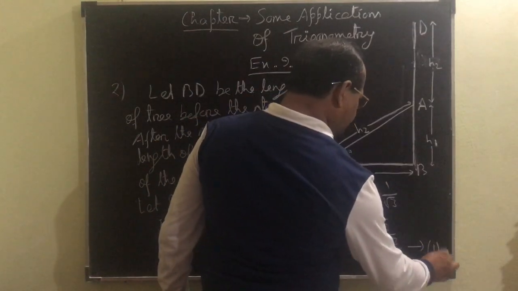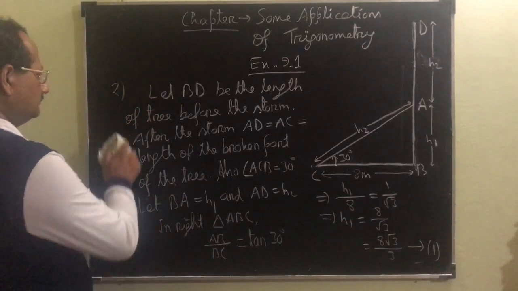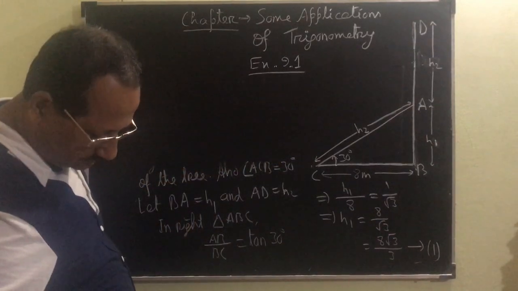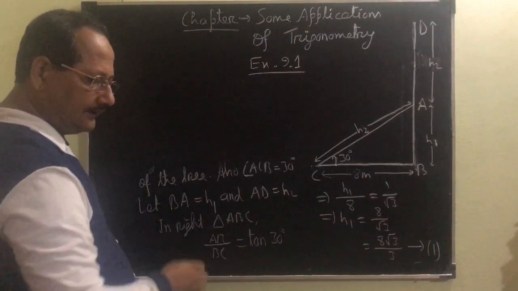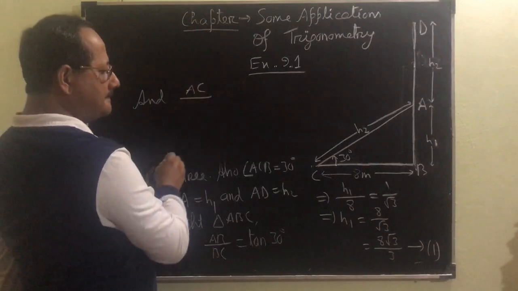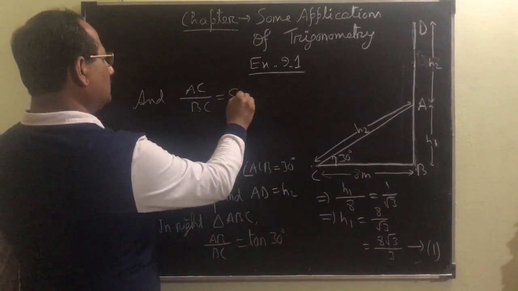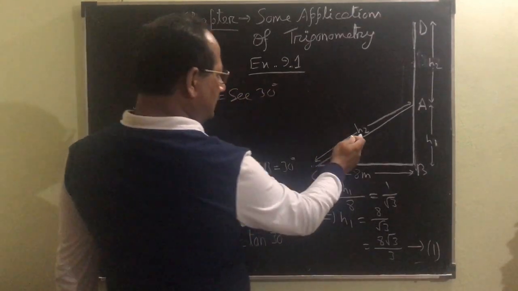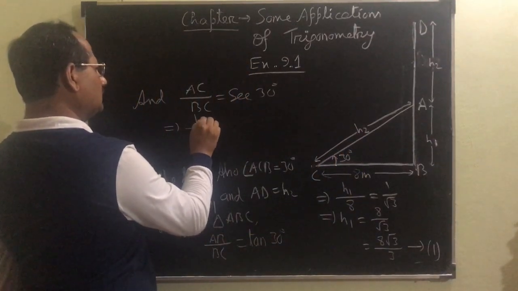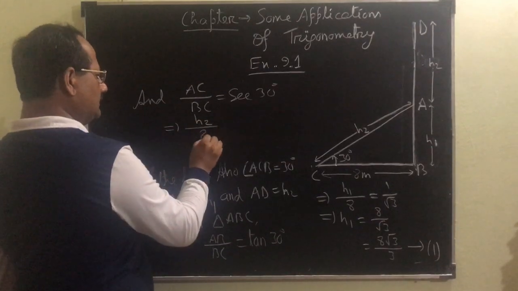Number 1. And AC by BC equal to what? Sec of 30 degree. Hypotenuse by base is sec of 30 degree. So AC equal to H2, and BC is 8.